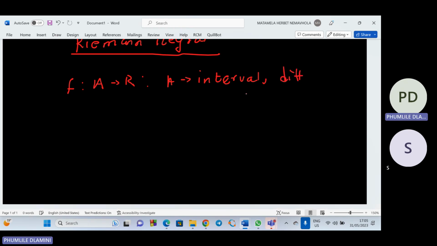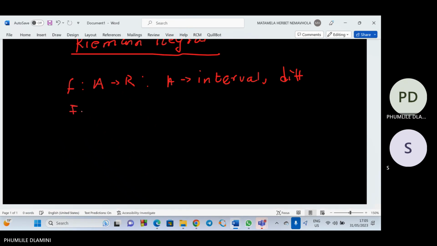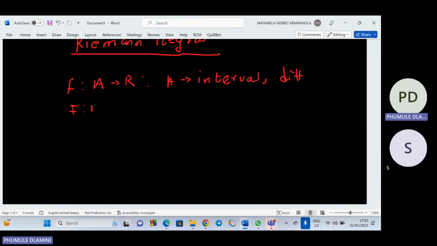Then it means that there will be a function, called F also, which is also differentiable from A to R.